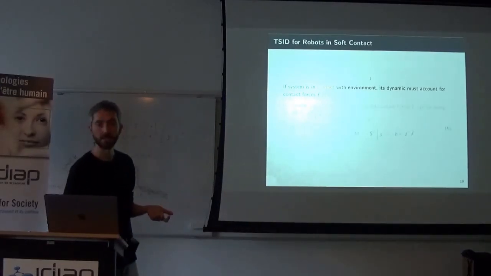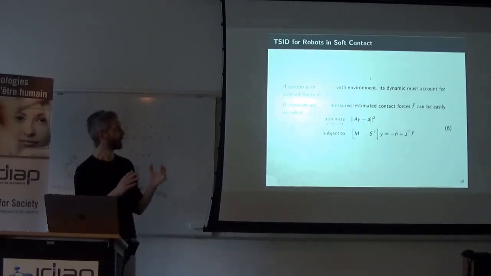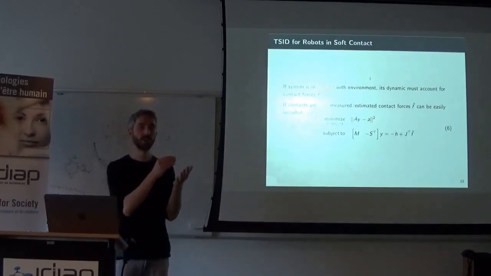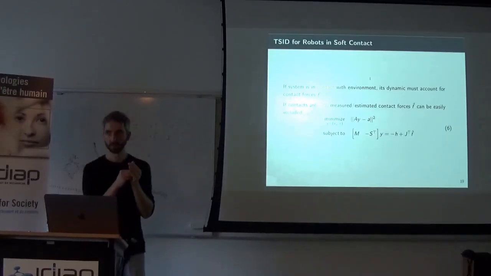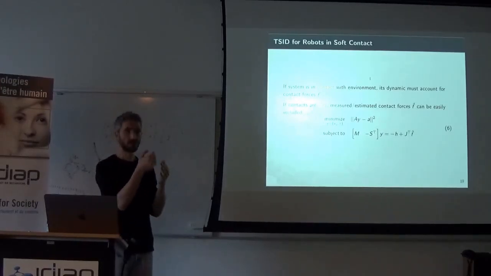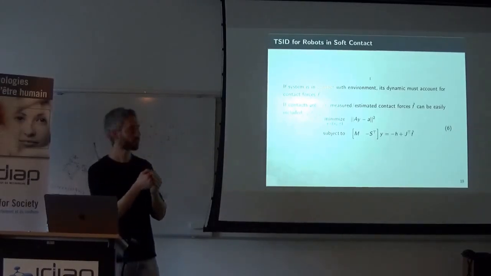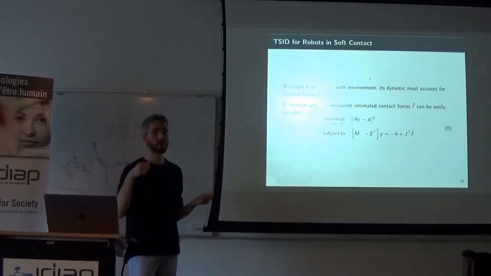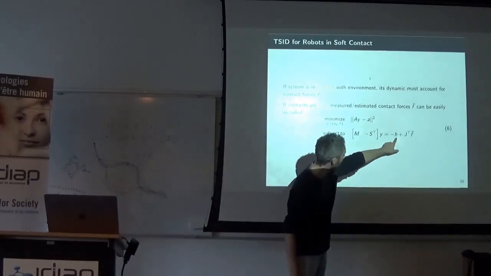Well, we just add the contact forces to the dynamics, right? But it's very different if the contacts with the environment are soft or rigid. If they are soft, meaning there is some reasonable compliance at the contact interface, then you can simply measure the contact forces and inject them in the dynamic.